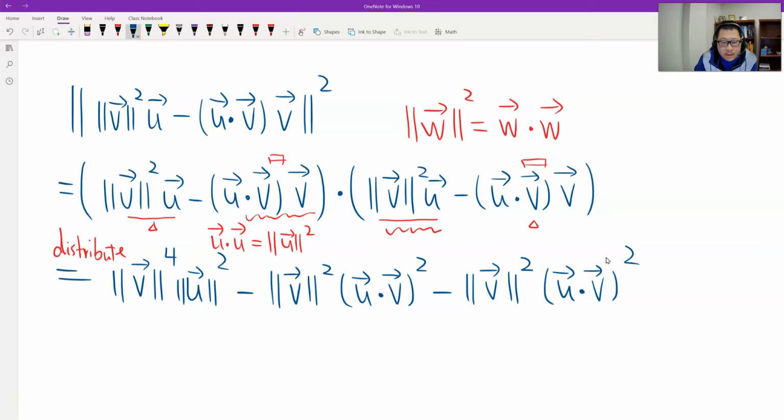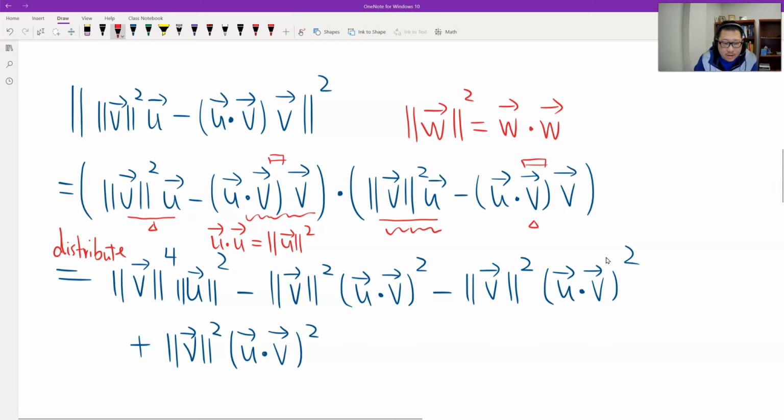The last term is positive. Negative, negative makes positive, so plus. I can switch the order: v dot v is the norm squared, so the norm of v squared, and then u dot v also squared.